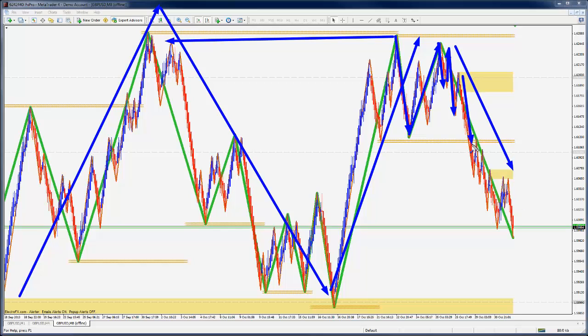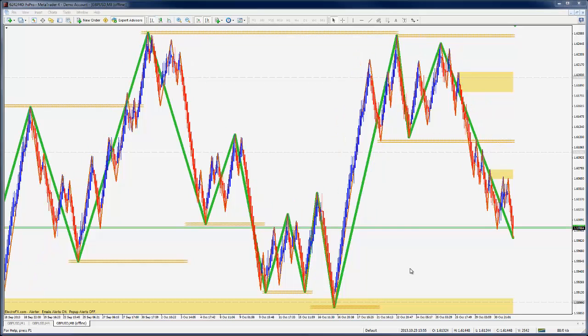There's also re-entry points right here if you missed it, or if you want to add to it on that next wave down. And then we've got what's called a high-low breakout, where the price broke out, pulled back, and went again of this significant area, which is mapped out for us with another indicator here.